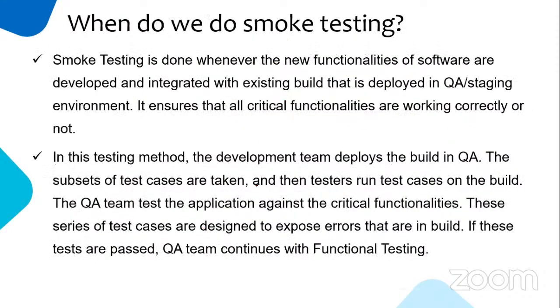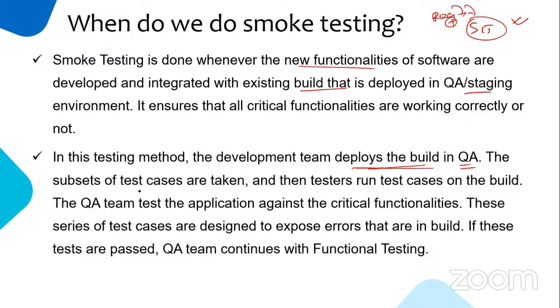And why do you need to do that? Smoke testing is done to check whether a newly developed functionality of the software is integrated with the existing build in the staging environment. It means you already have the SIT environment, and one requirement is added. After adding this, is it stable or not? That's what they are saying in simple words. In this testing, the development team deploys the build, the jar file, in the QA environment.